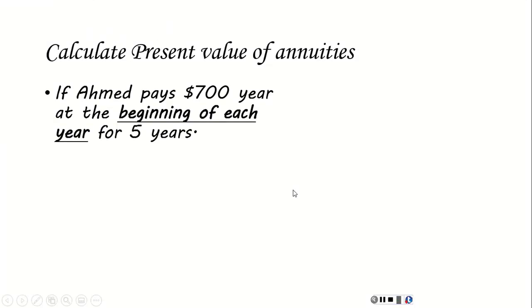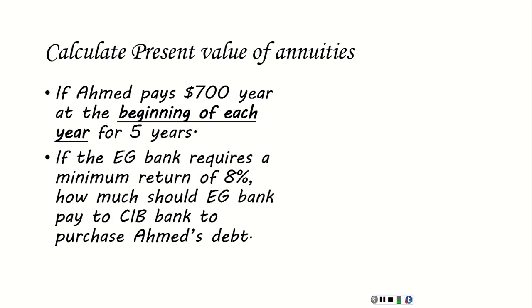What if Ahmed pays the $700 at the beginning of each year? This is the second type of annuity, which is annuity due, and each bank requires 8%.